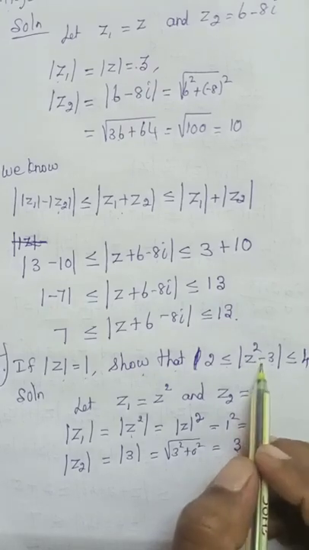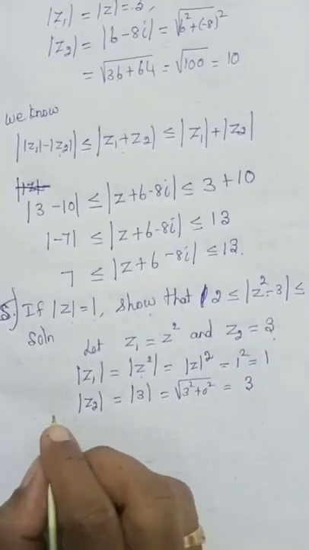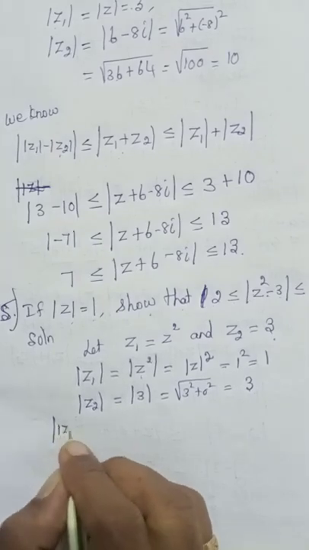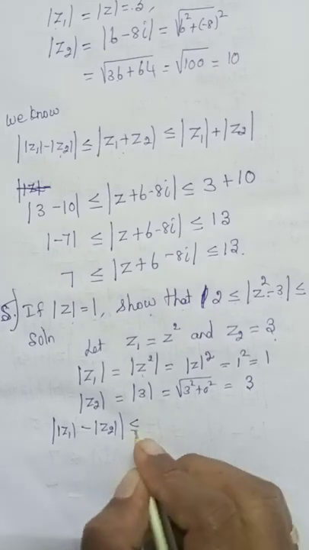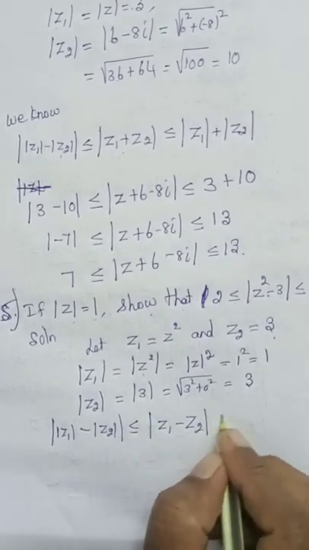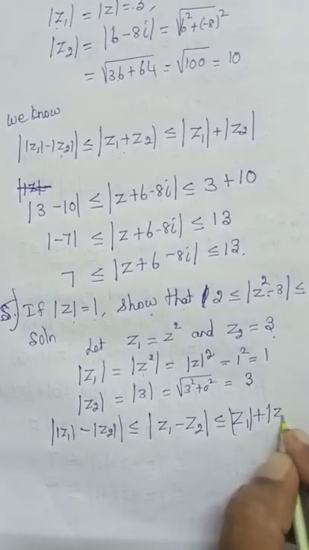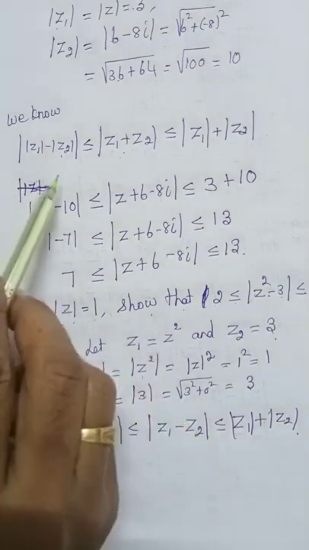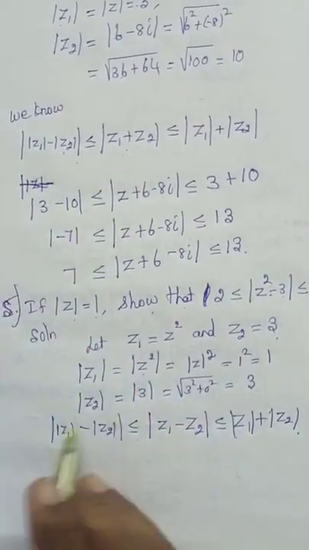Now I am going to check here, the symbol is minus. So I will be using that second property: modulus of modulus z1 minus modulus z2 is less than or equal to modulus z1 minus z2, which will be less than or equal to modulus z1 plus modulus z2. See, both are same, but only the symbol is changed.